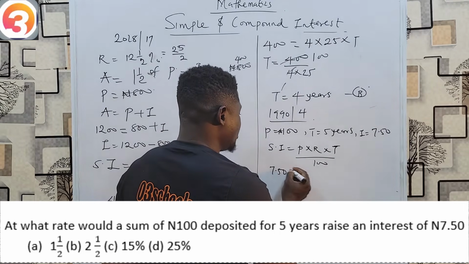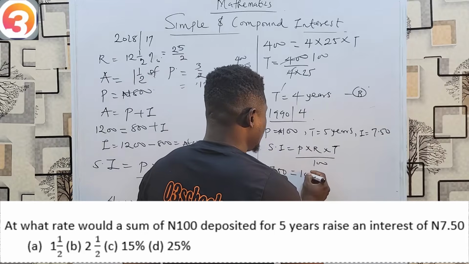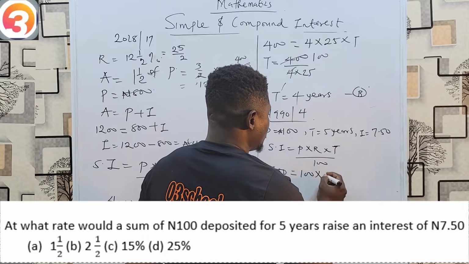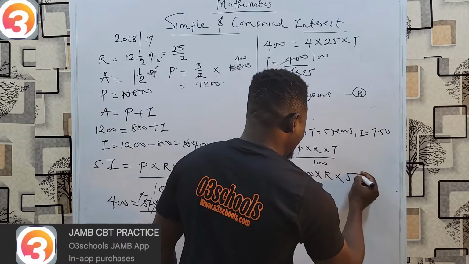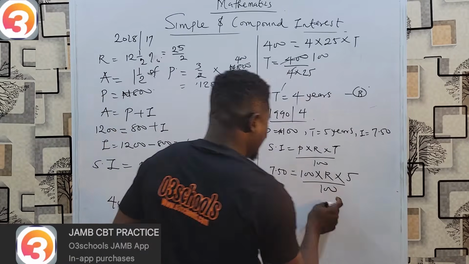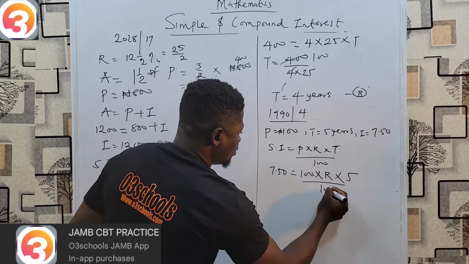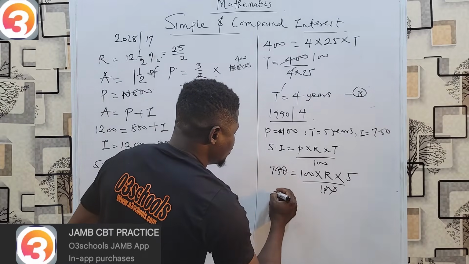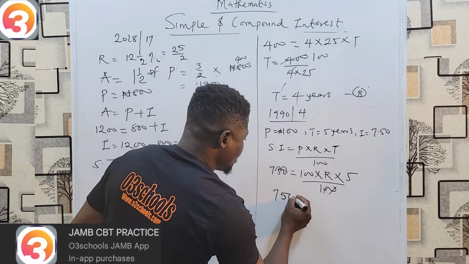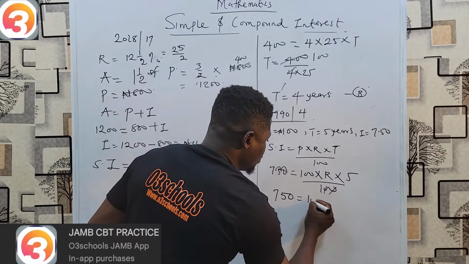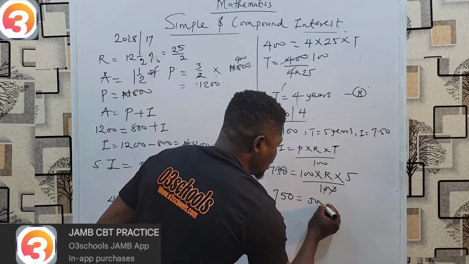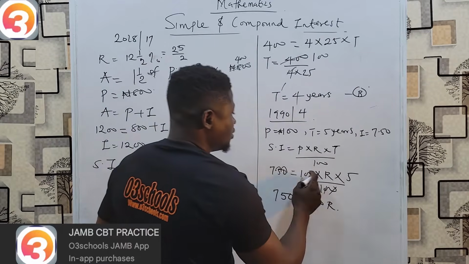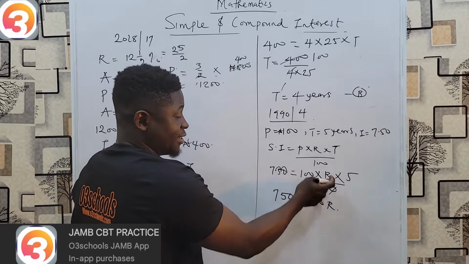So 7.50 is equal to our principal, 100, times the rate, which we're looking for, times the time, 5, over 100. If we multiply by 100, we shift the decimal two places, so I have 750 equals 100 times 5 times R, which is 500R.